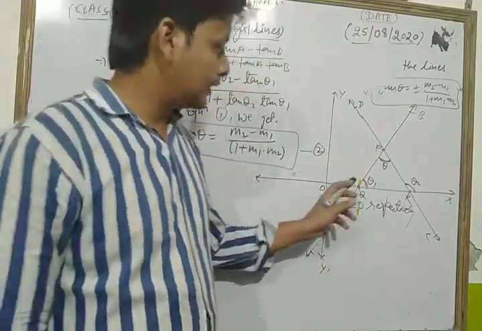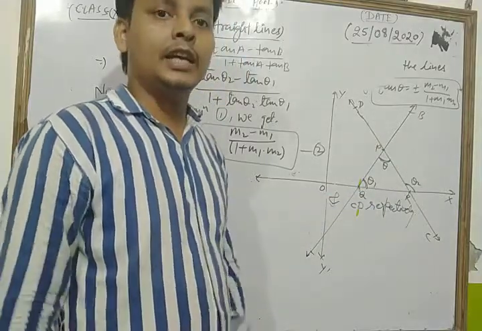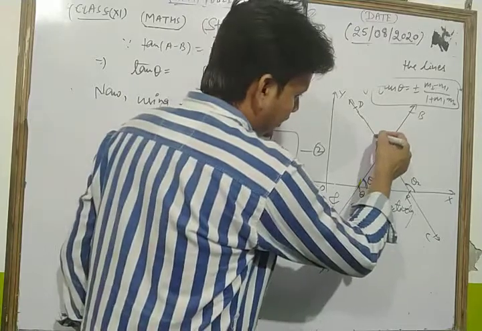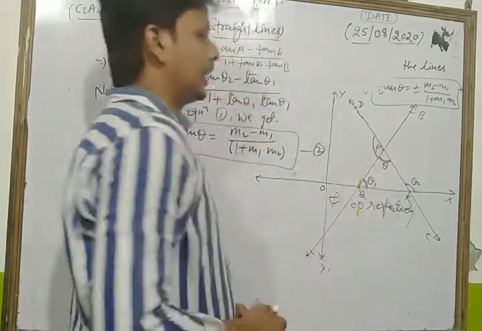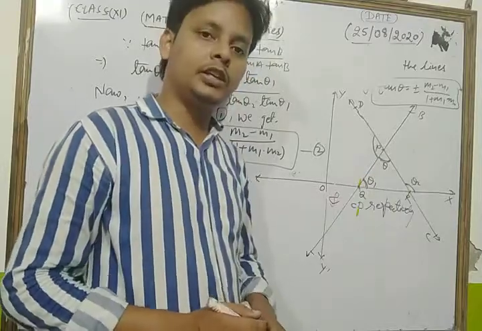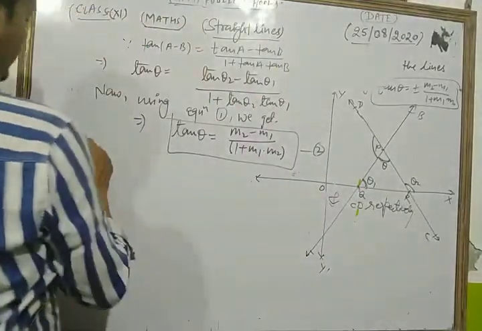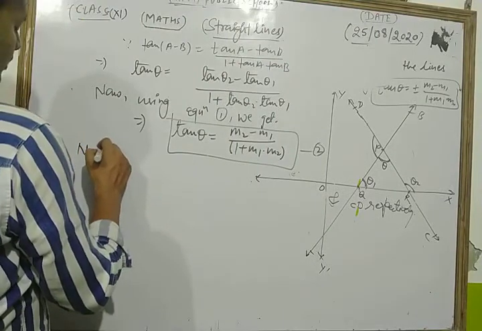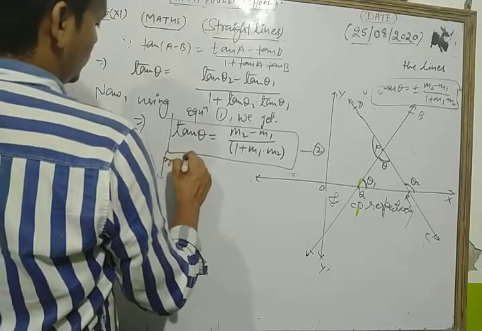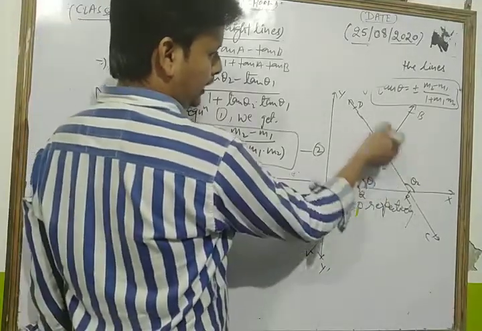Dear students, the angle QPD is also the angle between these two lines, the lines AB and CD respectively. Now let's see its measure from the figure.